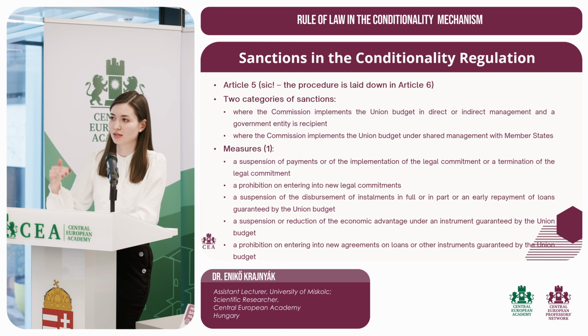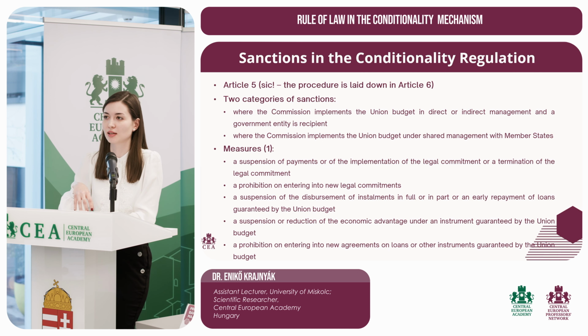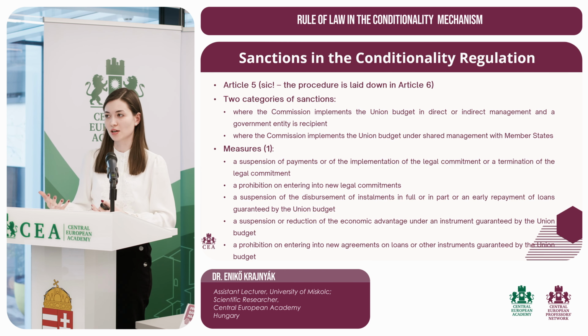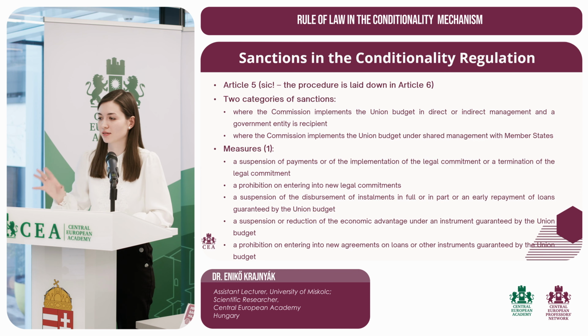What is the logic behind it? Why put the sanctions first and then the procedure? I think it would be more logical to put the procedure first and then to see that at the end of this procedure certain sanctions might be envisaged but might not. But in this case, sanctions and then procedure, like it is necessary to support the sanctions somehow.